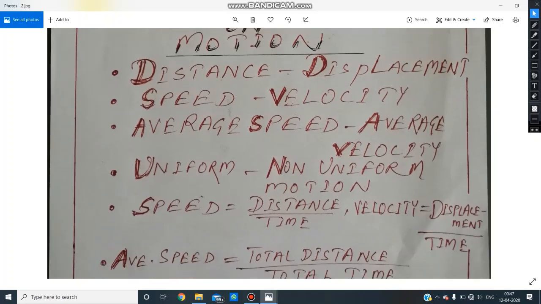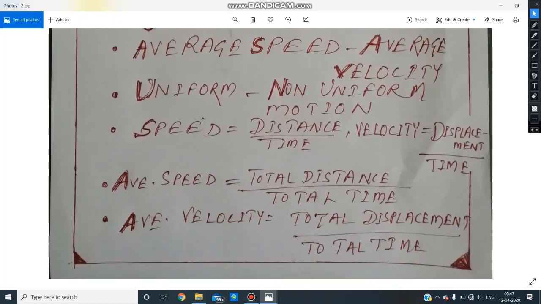The formulae which we have introduced were speed is equal to distance by time, velocity is equal to displacement by time, average speed is equal to total distance by total time, average velocity is equal to total displacement by total time.